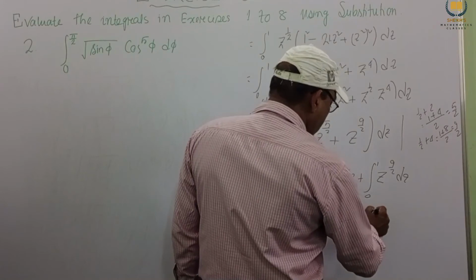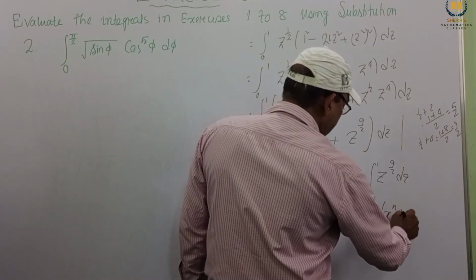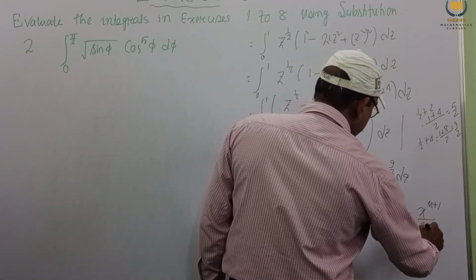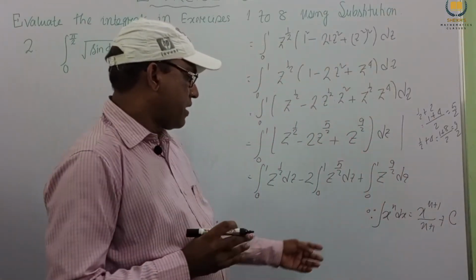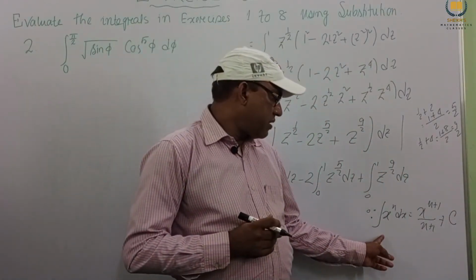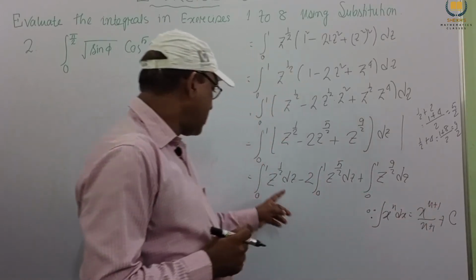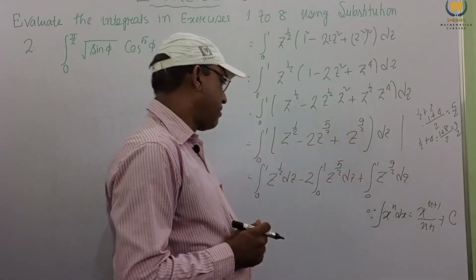The first formula is integration x to the power n dx equals x to the power n plus 1 by n plus 1 plus c. We know this formula. So here n means half, here n means 5 by 2, here 9 by 2.